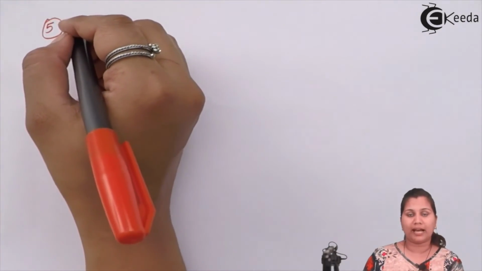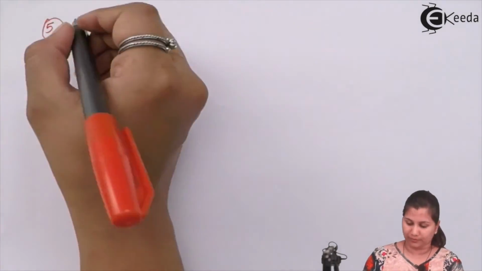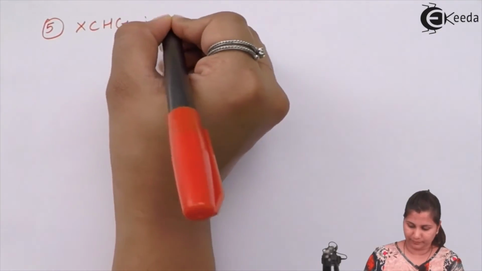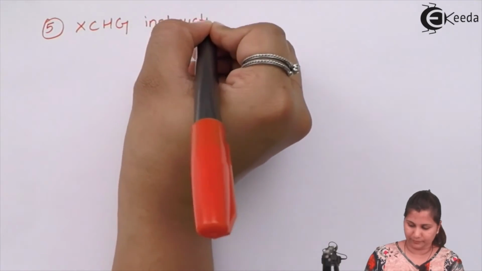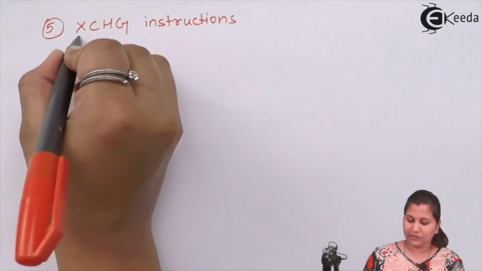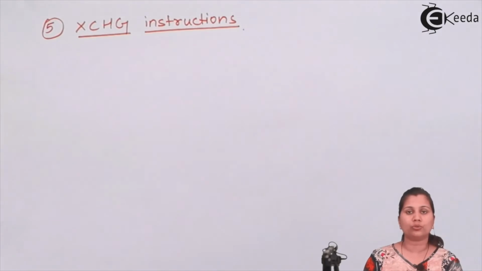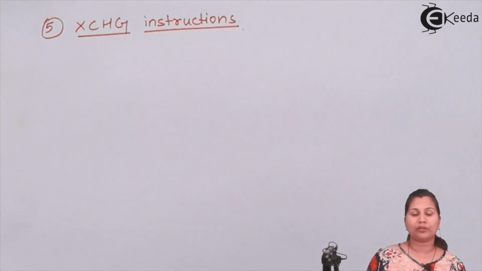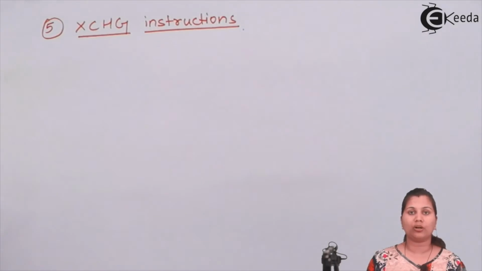The next instruction we have is the exchange instruction. The exchange instruction is used to exchange the contents of two locations, between register and register, and also between register and memory location.